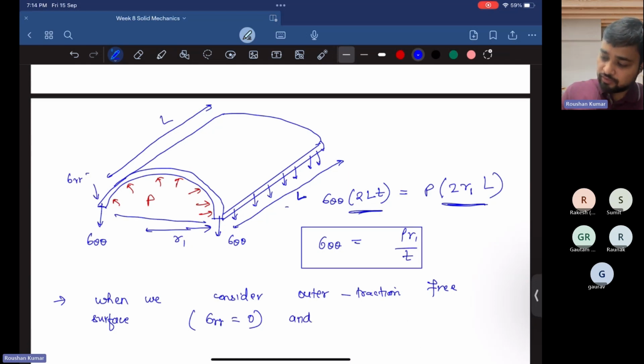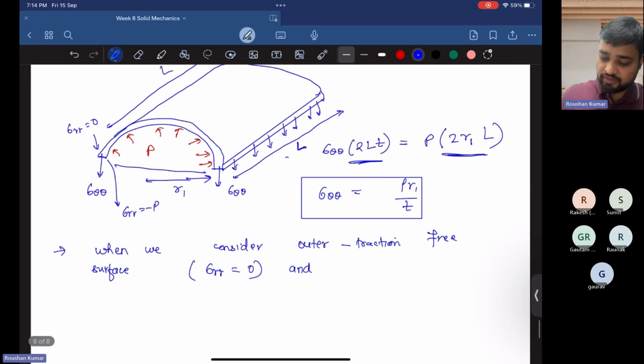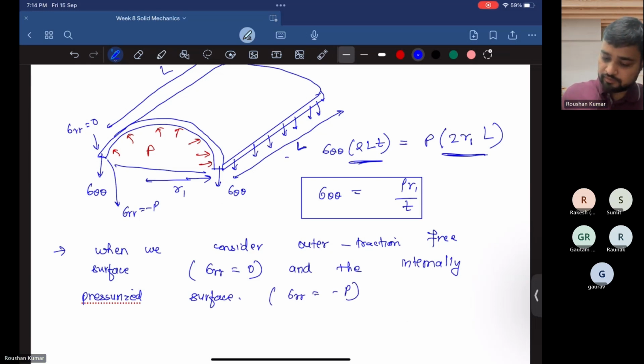From here sigma RR equal to 0, and from the inside, the internally pressurized surface, sigma RR equal to minus P. So sigma RR varies from minus P at the inner surface to 0 at the outer surface.